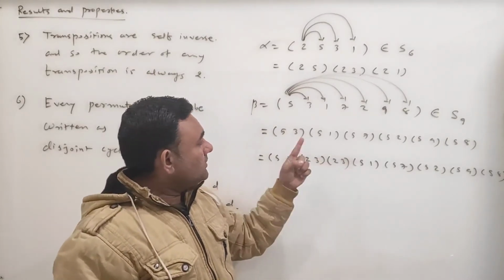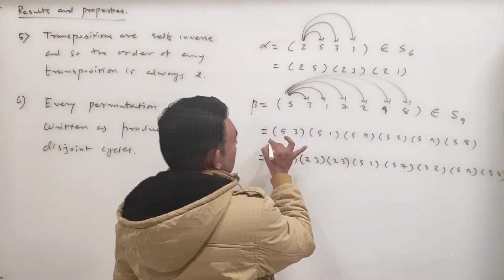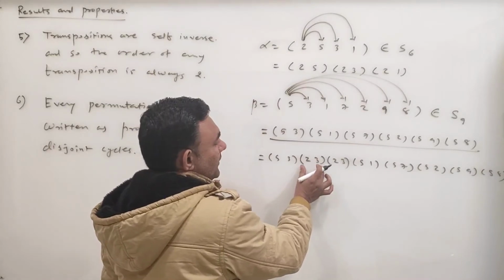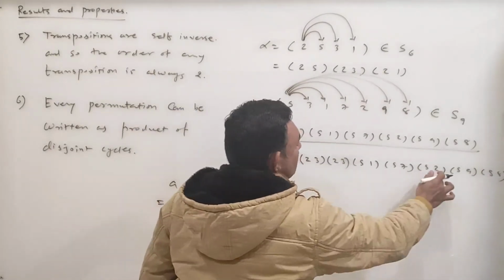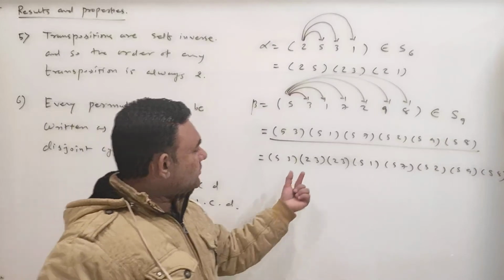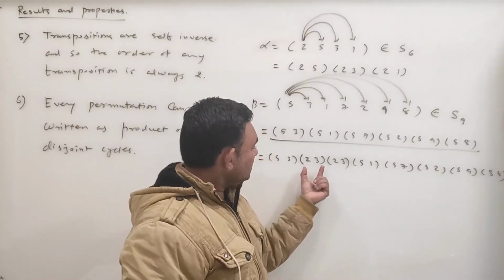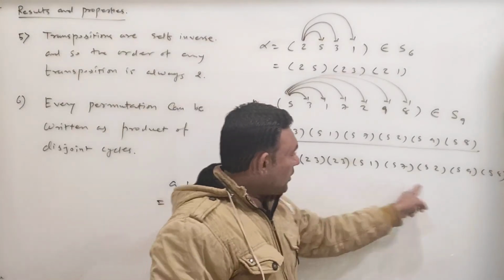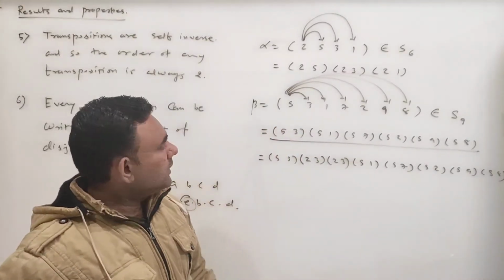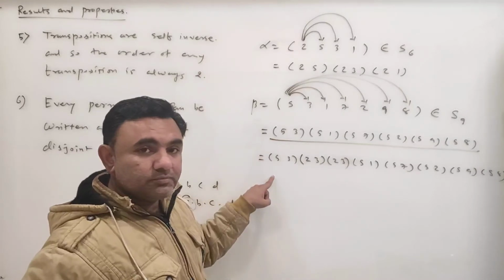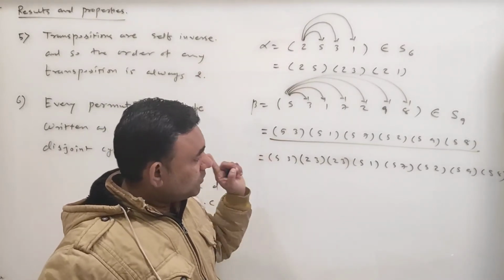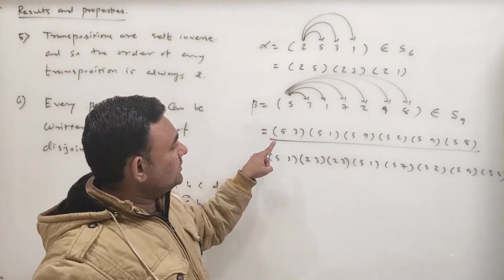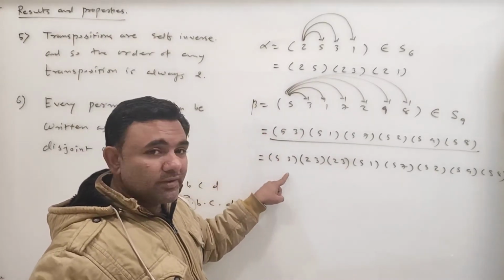So again, see, this format does not contain the transposition (2 3), but this product contains the transposition (2 3), and again it is a product of transpositions. So these are two different forms, but they are products of transpositions. So beta can be written as a product of transpositions in this way as well as this way.